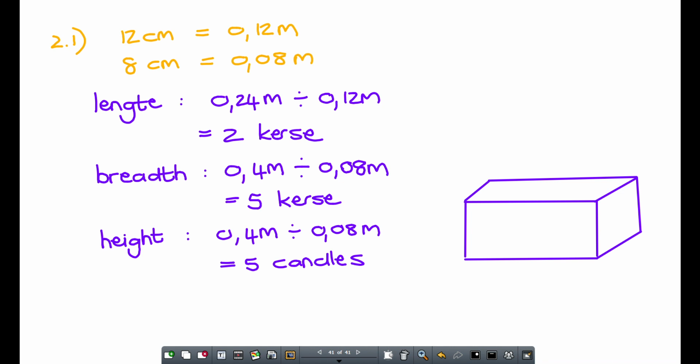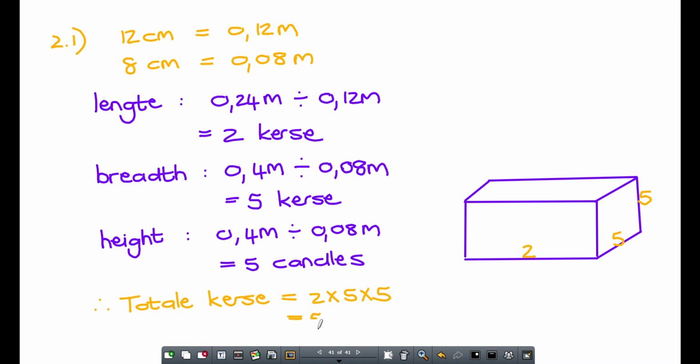Okay, ons het nou gesê in die lengte kan daar inpas 2 kersse, in die breedte kan daar inpas 5 en in die hoogte ook 5. Met ander woorde, die totale hoeveelheid kersse is two times 5 times 5.